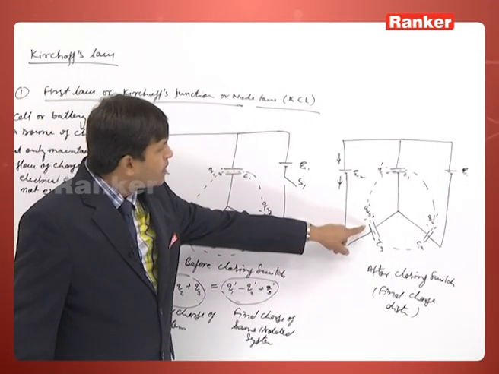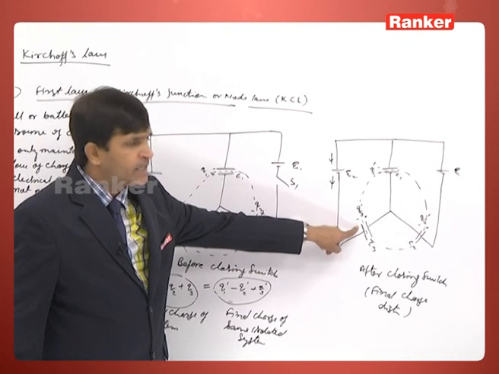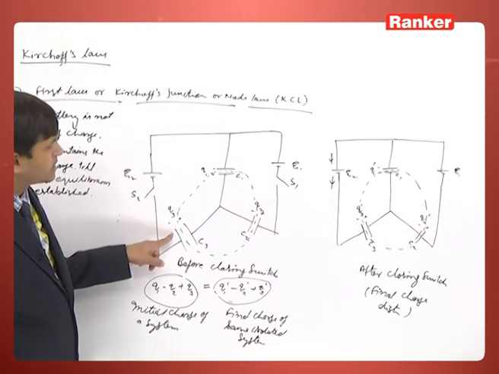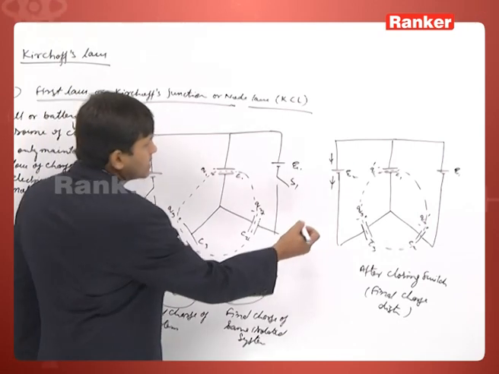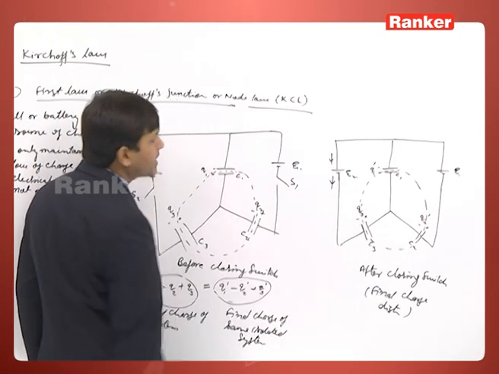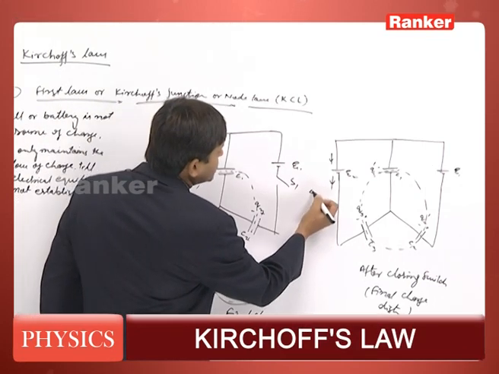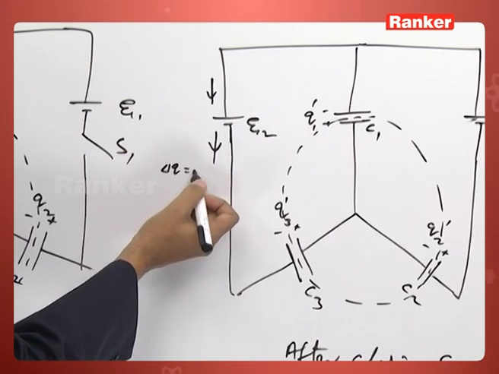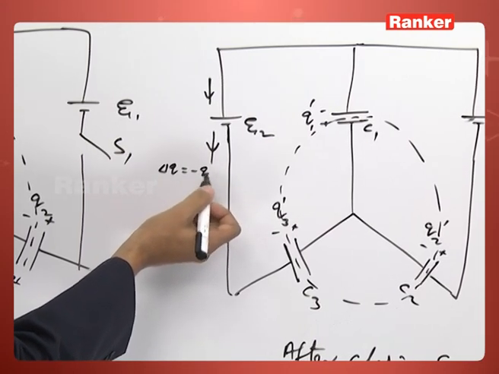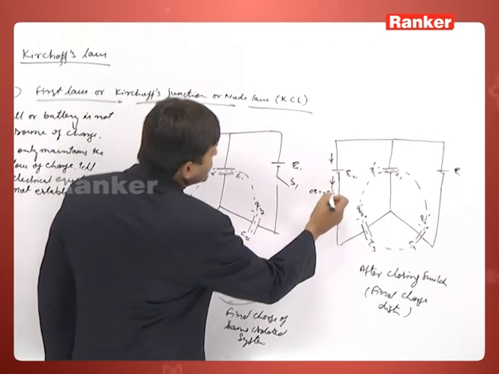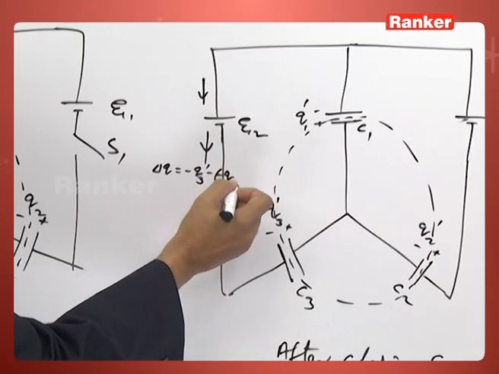The final charge on this plate is minus Q3 dash, and the initial charge was minus Q3. So how much charge has flown? The amount of charge flown means final charge minus initial charge. The final charge, we can say delta Q, is equal to final charge minus Q3 dash minus initial charge minus Q3.